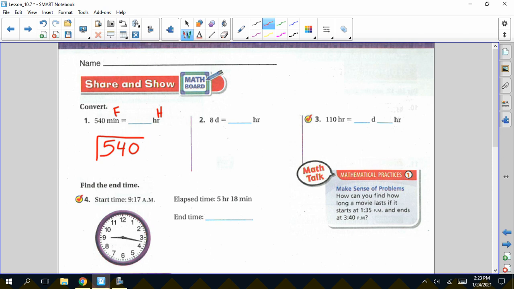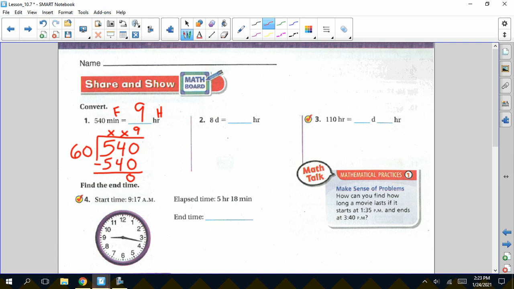And we are dividing by 60 because there are 60 minutes in an hour. 60 doesn't go into 54. 60 is going to go into 540 9 times because 6 times 9 is 54. And then we add a 0. That would be 9 hours.